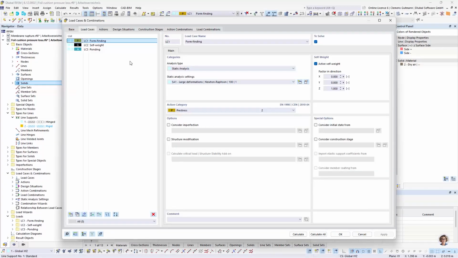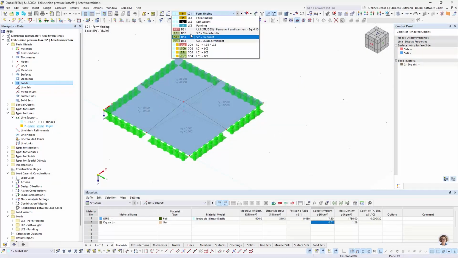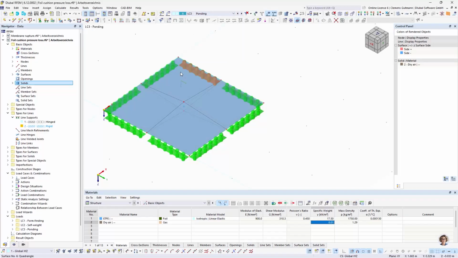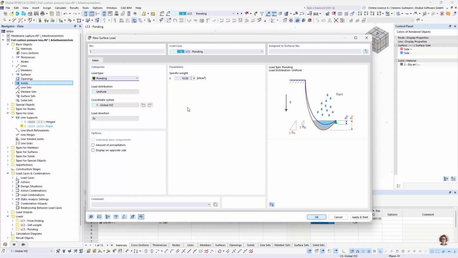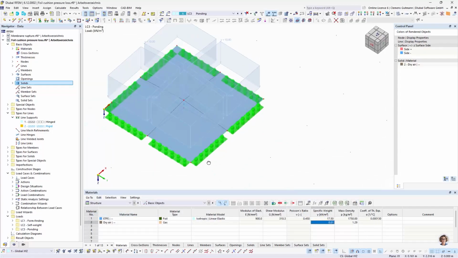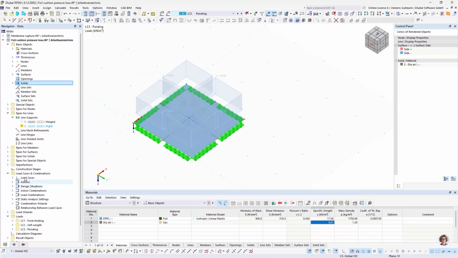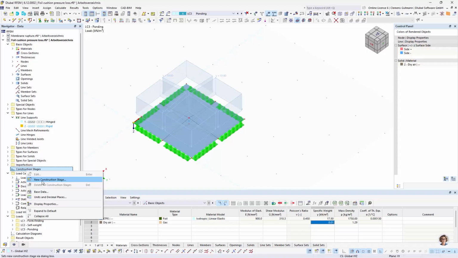Okay, did I check the self-weight? Okay. And for the ponding load, this will be also a surface load here for the surfaces 5 to 8. Yeah, okay. Good. Let's move on to the construction stages.